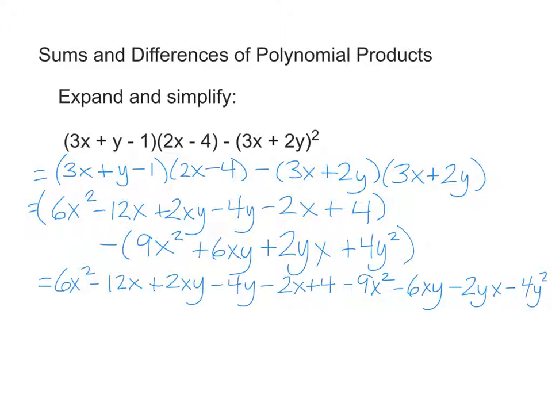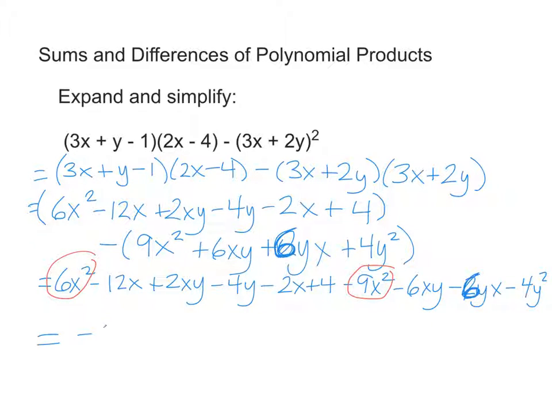So I'm going to start with the x squareds. I have one there, 6 of them there, and -9 there. How many x squared terms do we have altogether? 6 and -9. -3, yeah.